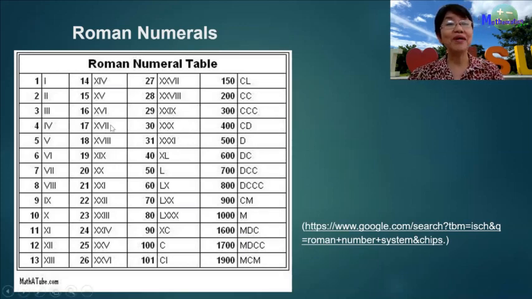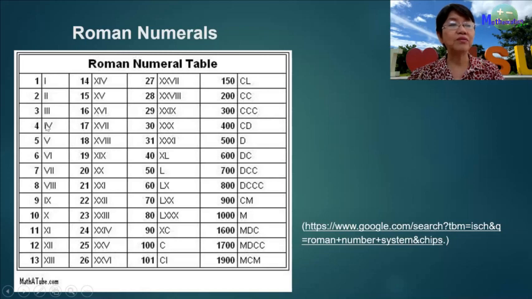We'll just review a little. So to write 1 to 3, we just have to use the sticks, 3 sticks for 3. And then for 4, we use the symbol 1 and V.